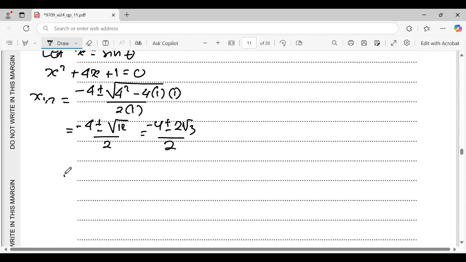It becomes, if divided, 4 divided by 2 minus 2 plus or minus square root 3. So it means x1 equals minus 2 plus square root 3, okay? And that is minus 0.267.